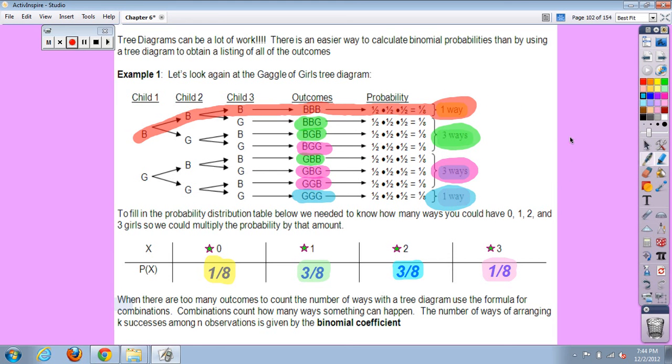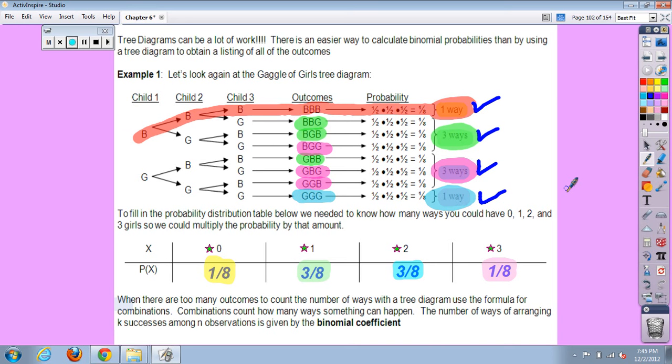These numbers, 1, 3, 3, 1, kind of follow a pattern. And even if we change the context of the problem to flipping a coin 3 times and looking at all the different ways of getting heads and tails, if we considered a success getting a tail, well, there's 1 way of getting no tails.